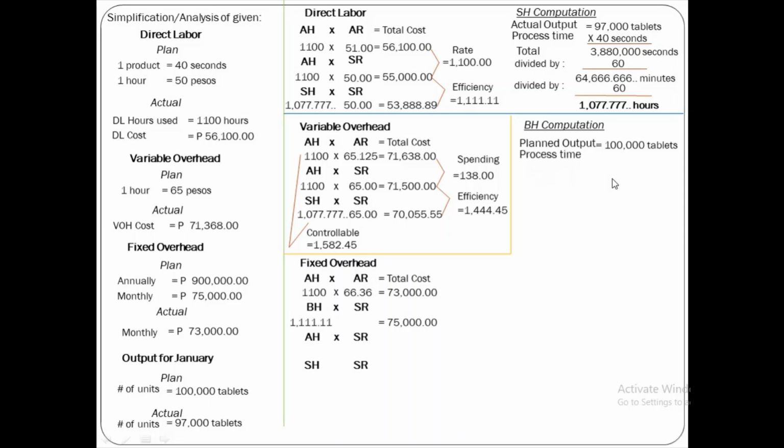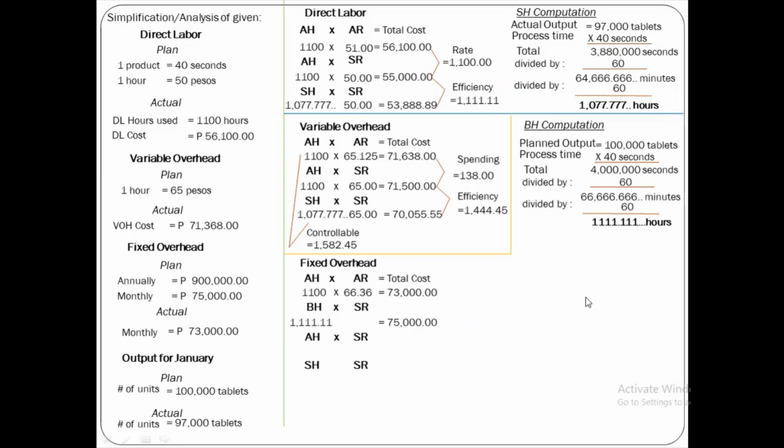And then, according to the plan also, one tablet can be processed in 40 seconds. So you multiply that, you're gonna have 4 million seconds. And to convert it into minutes, divide by 60, you have 66,666.66 minutes. And to convert it into hours, divide by 60 again, we have 1,111.11. That's how we got the budgeted hours.